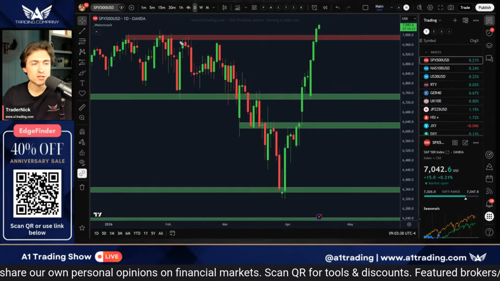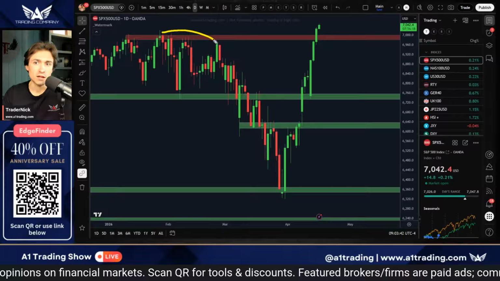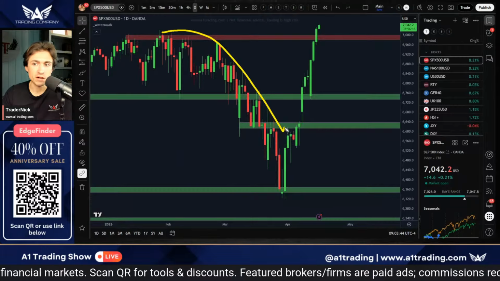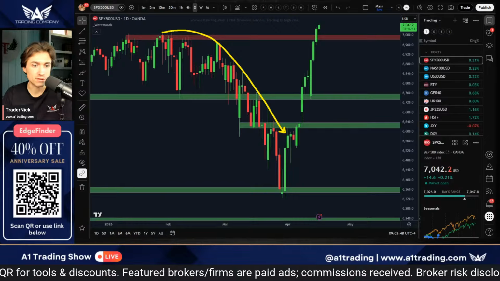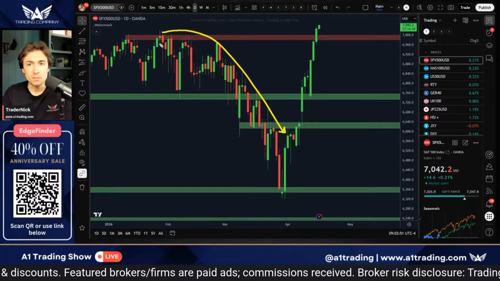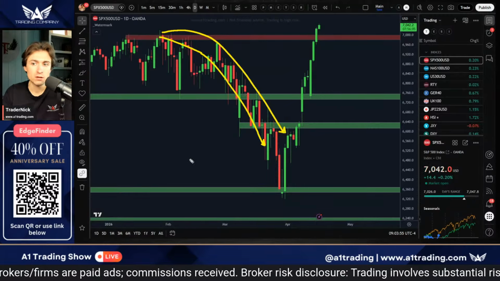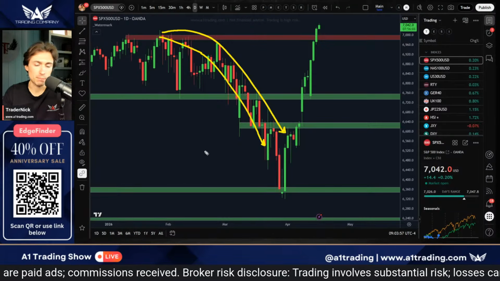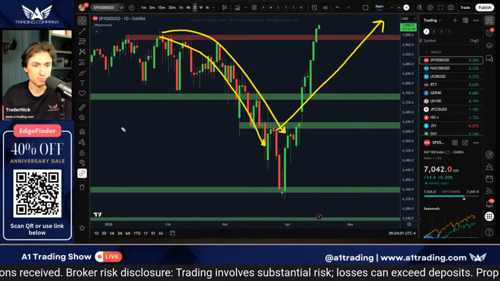Is that not such a weird statistic? But it is a reality. If you look historically at the S&P 500, I invite you to go do this because I've researched this like 37 different times. When the stock market falls on a wartime event, most of the time, majority of the time, there's a sharp move higher following it.